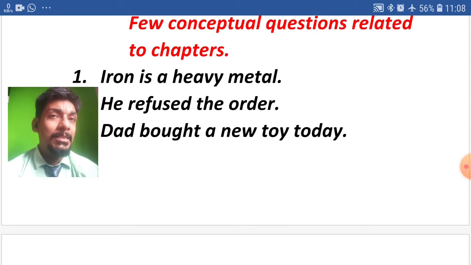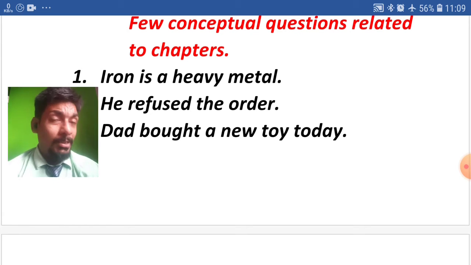And lastly, the order is the object. And hence, right from refused till the word order, they make the predicate because they contain two things, the verb and the object.